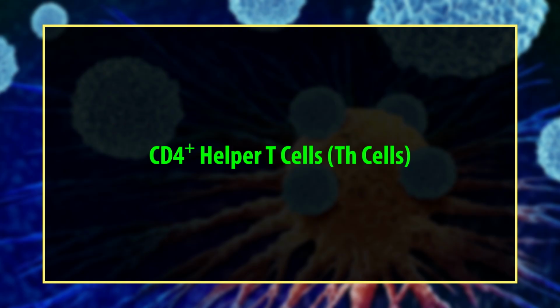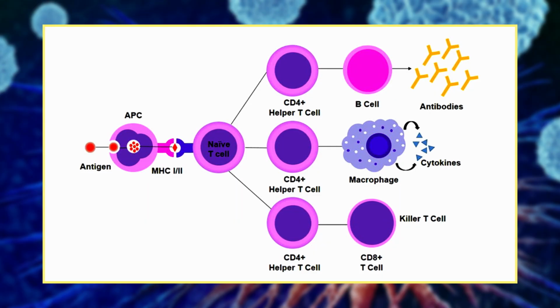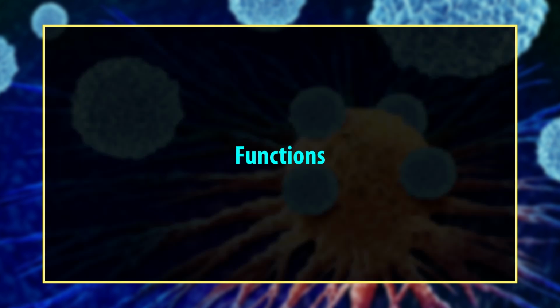CD4 helper T cells, or the Th cells. CD4 T cells are essential regulators of the immune system. They do not directly kill the pathogens but assist other immune cells via cytokine secretions.